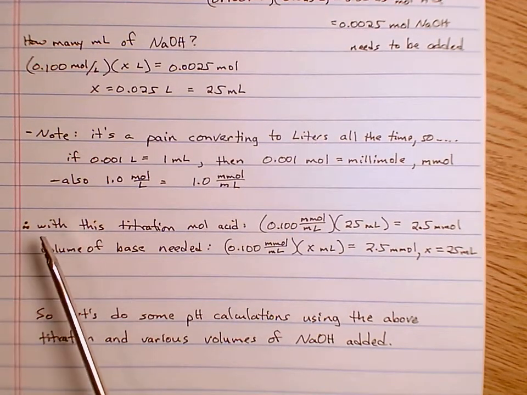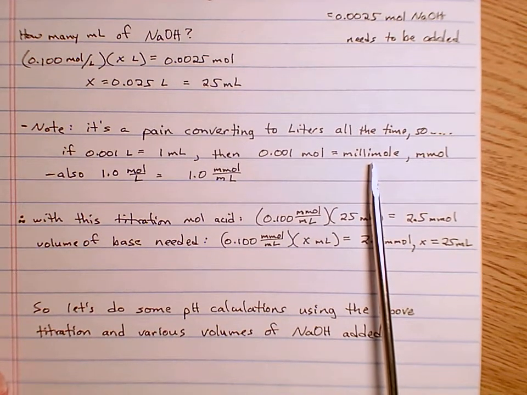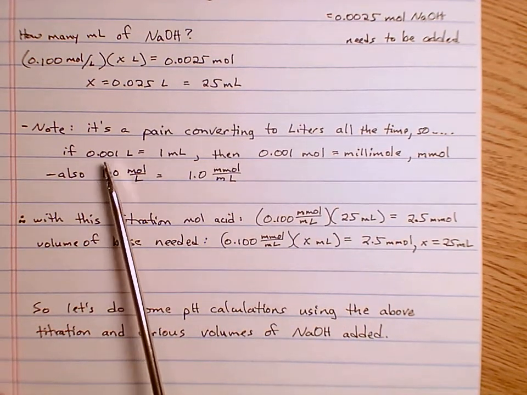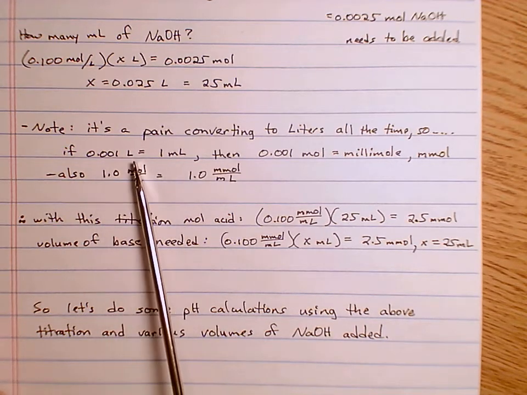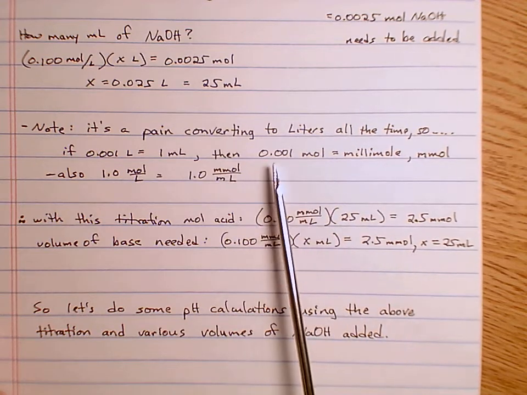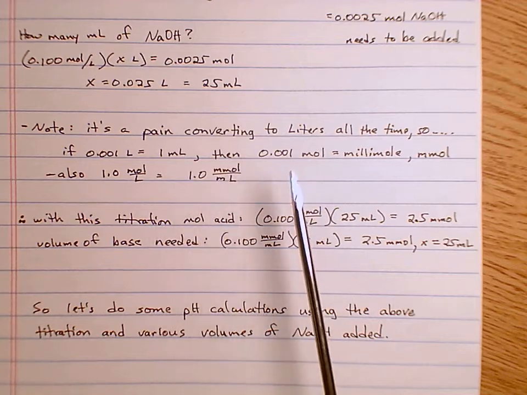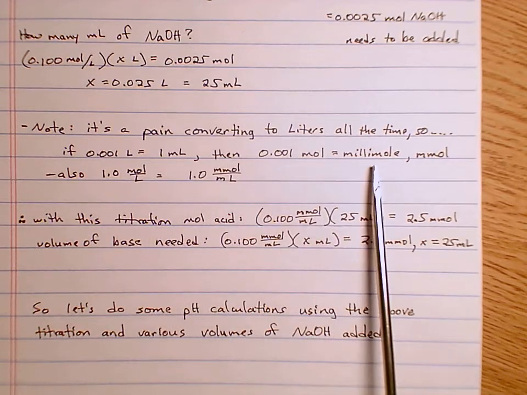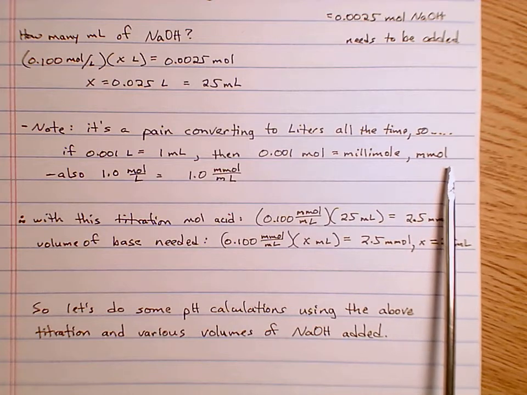We have a unit called the millimoles, and that shouldn't be anything new. If we have liters and milliliters, we know 1 milliliter is 0.001 liters, then 1 millimole is 0.001 mole. Milli just means 1/1000th. So 1/1000th of a mole is a millimole, and that is given the abbreviation mmol.